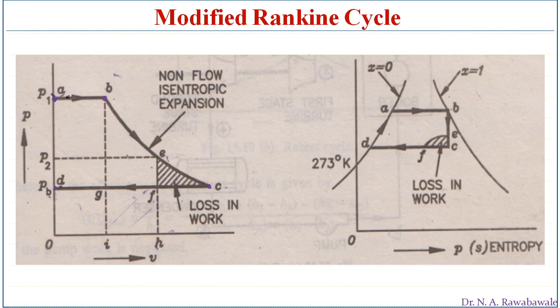Again steam is taken at constant pressure, volume increases, and from B to C isentropic expansion takes place, and from C the steam is exhausted at back pressure, the lowest pressure of the steam engine.